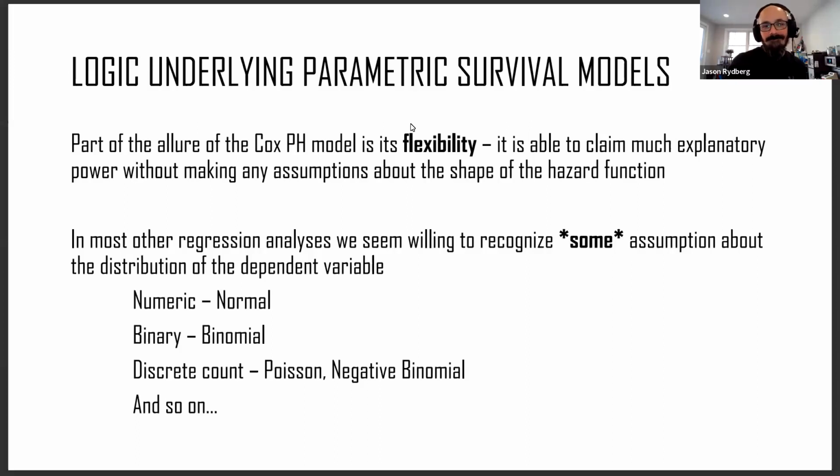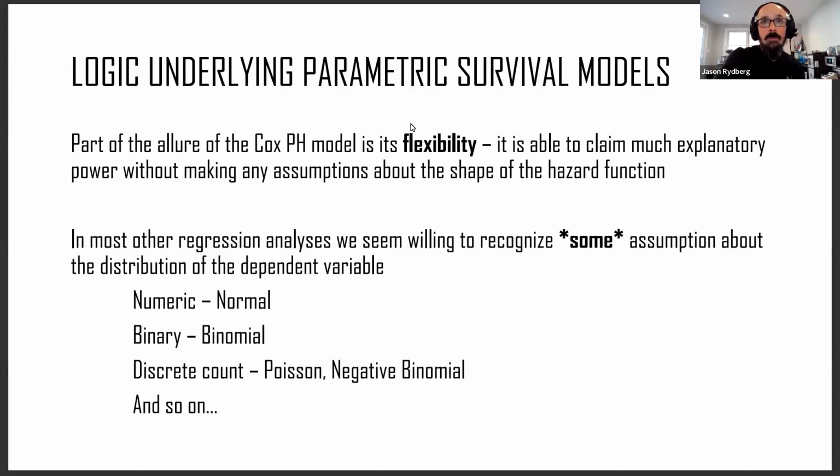Which is nice. But when you think about it, in most other regression applications, we always seem willing to recognize some assumptions about the distribution of the dependent variable or the error term. For instance, if we have a quantitative variable, we're usually willing to assume that the outcome, or its errors, will follow a normal distribution.